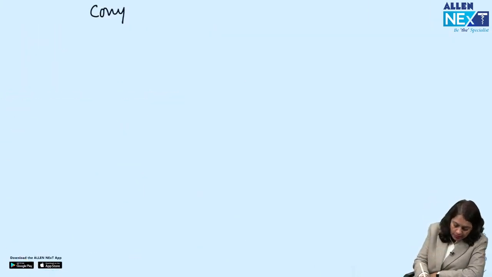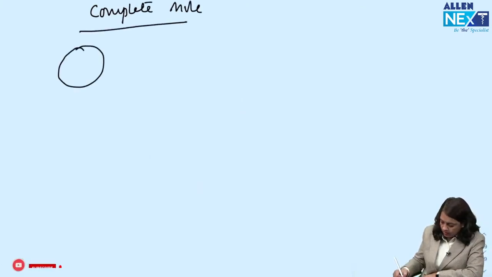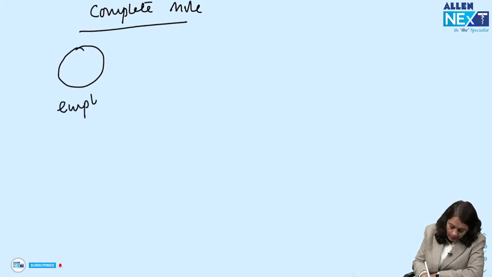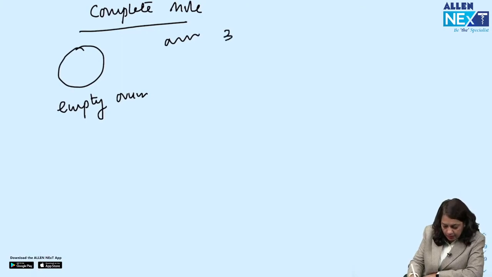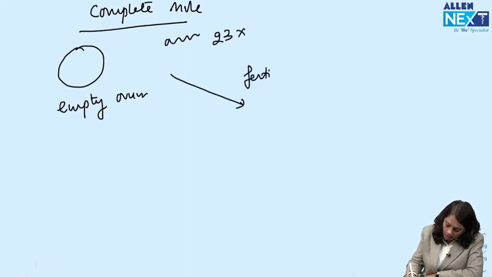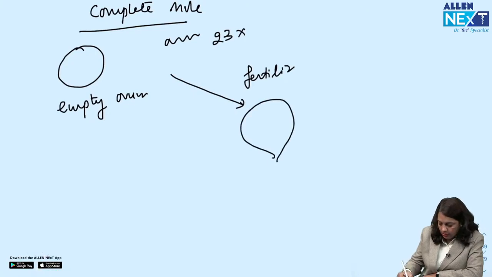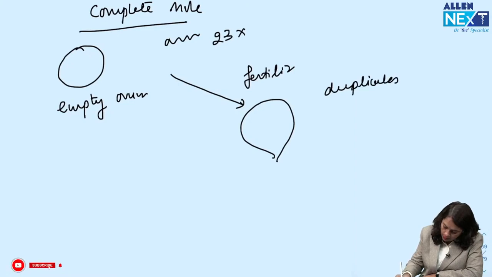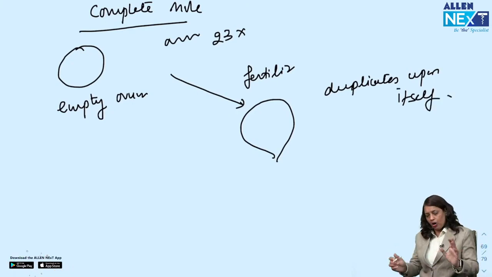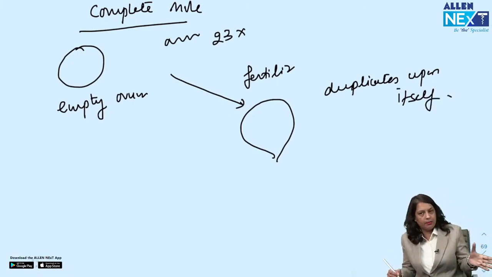So let me just explain, this is important. In case of complete mole, this is an empty ovum. It gets fertilized by a sperm which has 23X chromosomes. After fertilization, the chromosomes of the sperm duplicate upon themselves. So something abnormal has happened, against nature, because the ovum is empty.